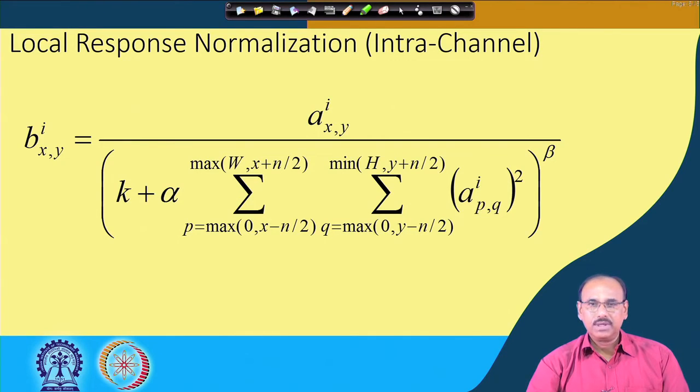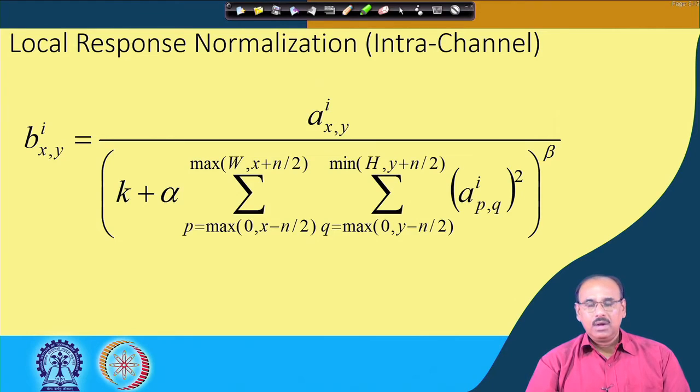Here you normalize this feature value by again a factor k plus alpha times the summation of the squares of the feature values within the neighborhood of xy. And again, the neighborhood size is say n by n, and again max and min operations are performed to take care of the features at the boundary of the feature frames.